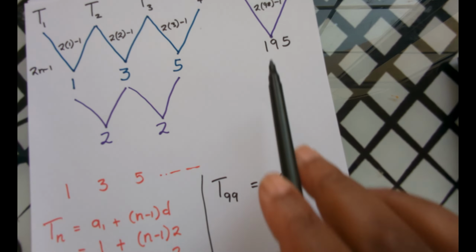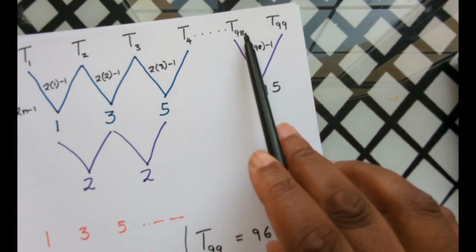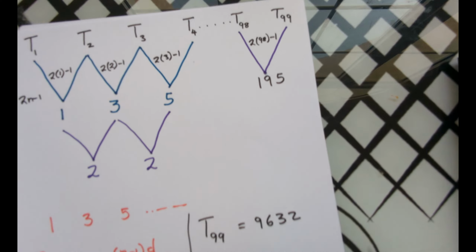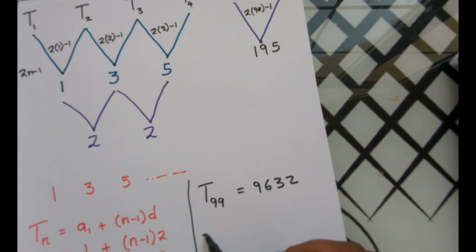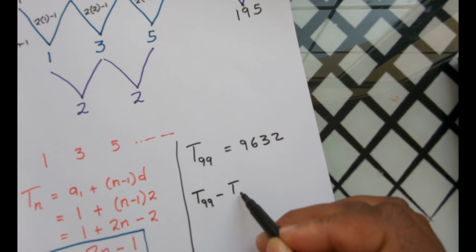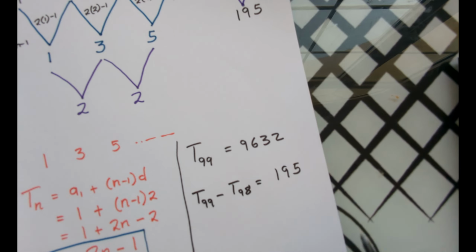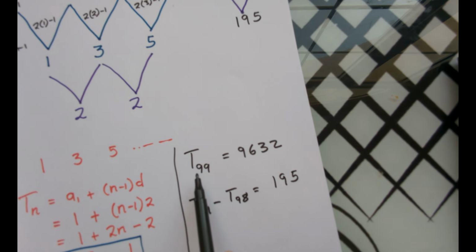So, we know that term number 99 minus term number 98 is 195. So we can say term number 99 minus term number 98 is equal to 195. And we know the value of term number 99. This is 9632.